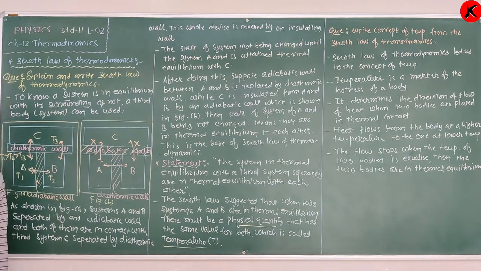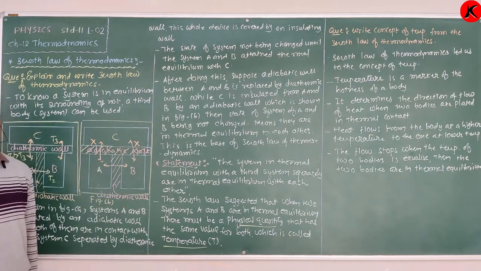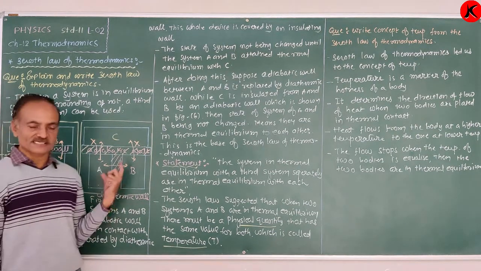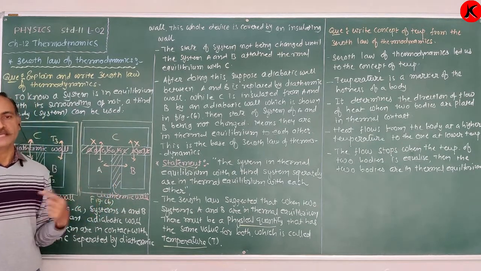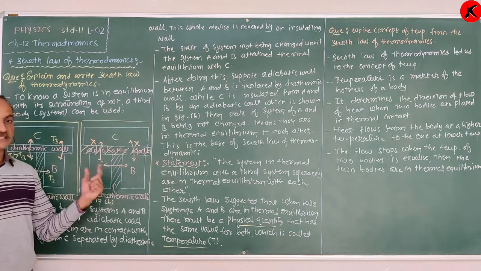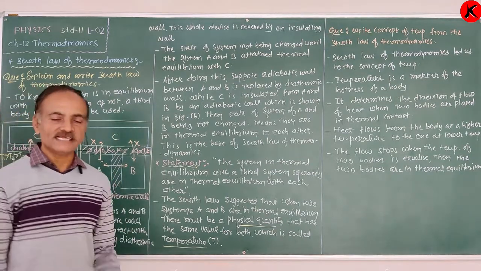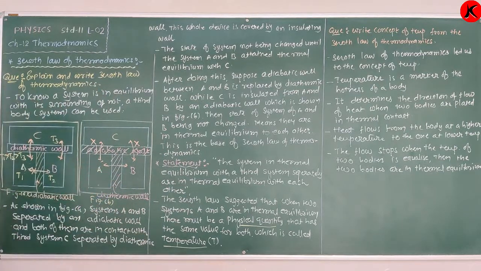So in short, if A and B are in thermal equilibrium, the physical quantity known as temperature has the same value for systems A and B. If systems A and B have the same temperature, we can say that these two systems are in thermal equilibrium. Clear? Okay. So that is the Zeroth Law of Thermodynamics.